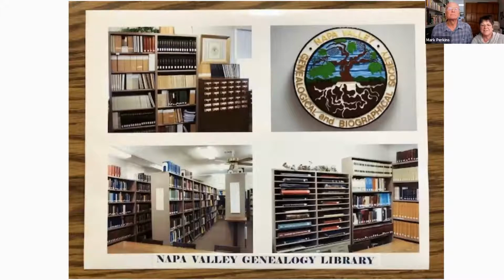It's kind of fun to look at this because we haven't been able to be inside the library for a while very much. A family tree is more than just names, dates, and places. It is a symbol of living history. When our society was founded in 1974, we were called the Napa Valley Genealogical and Biographical Society. Our name has changed for simplicity, but our dedication to preserving life stories and family history remains.